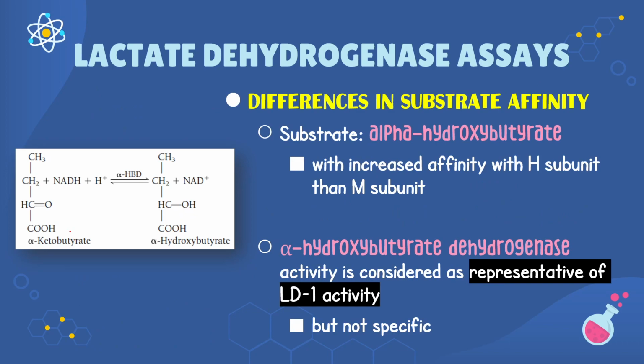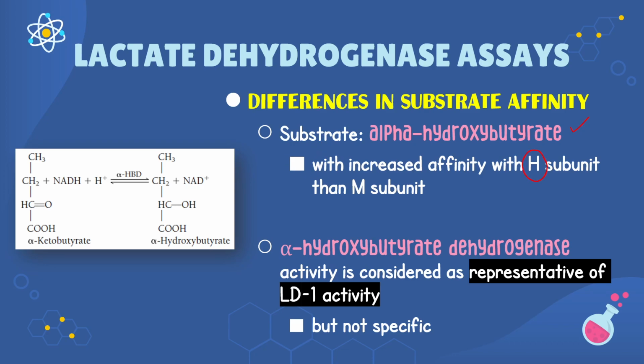Talking about differences in substrate affinity, we can make use of a different substrate in our lactate dehydrogenase assay, and that would be alpha hydroxybutyrate. This substrate has increased affinity to the H subunit.